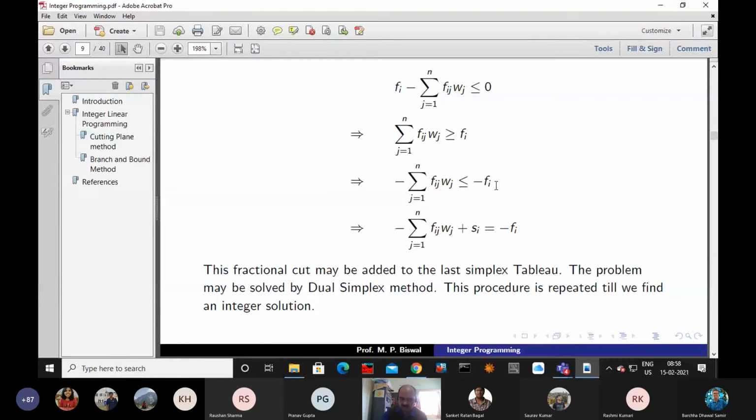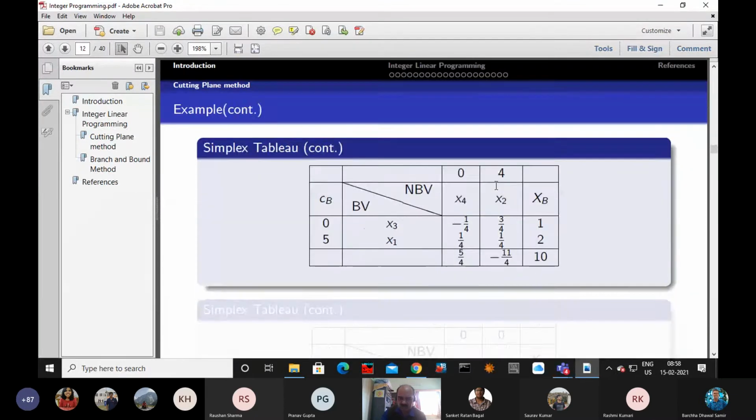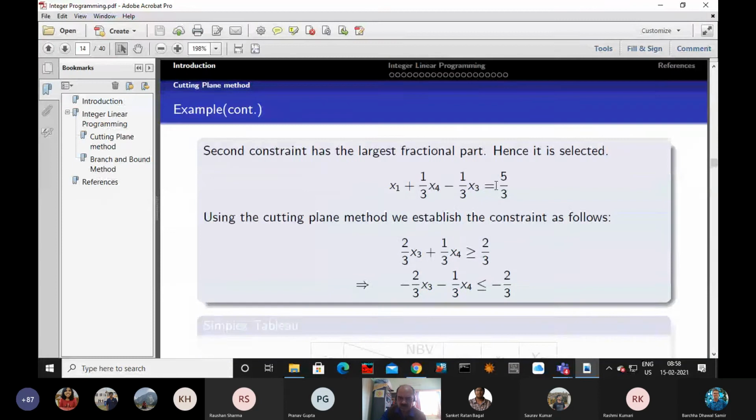Now how to write? For x1, there is nothing. Here 1/3 into x4: what is the fractional part? 1/3. And minus 1/3 into x3: what is the fractional part? Minus 1/3 means you will write minus 1 plus 2/3. So what is the integral part of minus 1/3? How much is it?